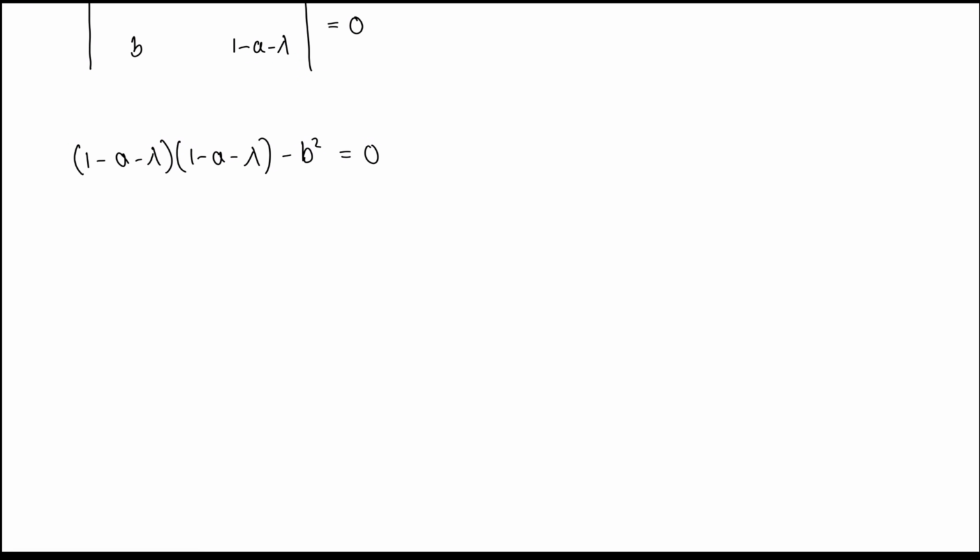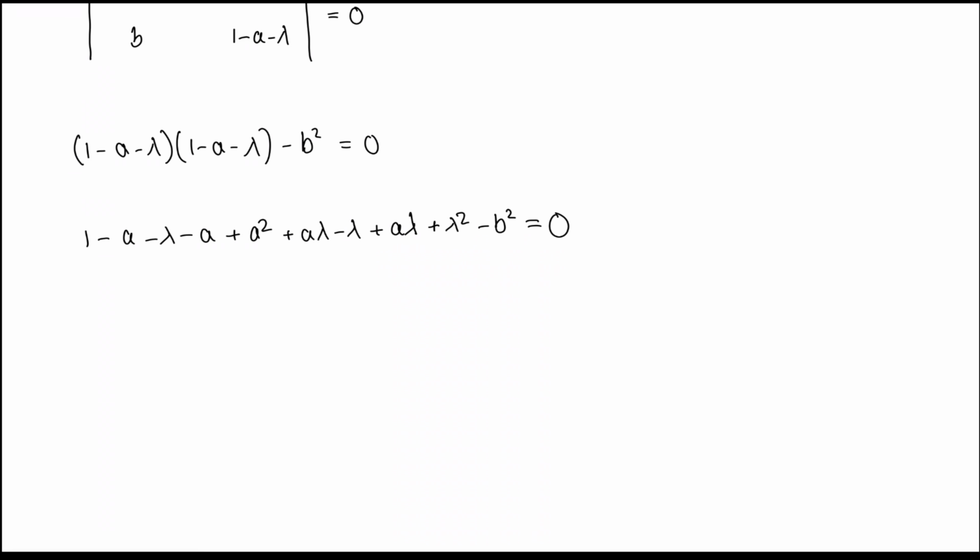When we expand these two brackets, we get 1 minus a minus lambda minus a plus a squared plus a lambda. And collecting up the like terms gives us... Cool.